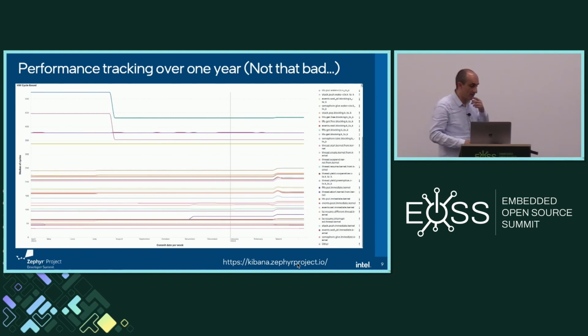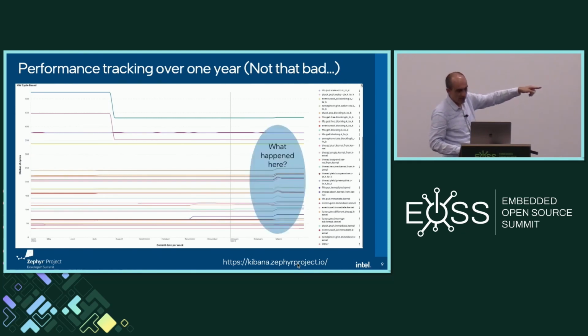Immediately you will notice that there are big jumps in the graph. In this case, these numbers are going down, which is not bad. But you also see a lot of things happening there as well. For example, this is very recent, early March.